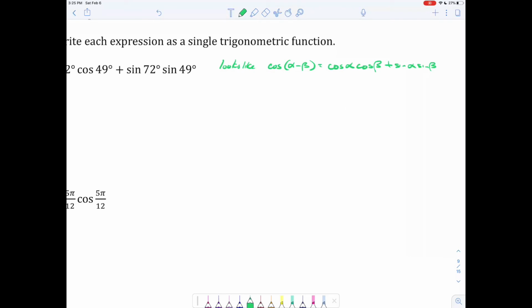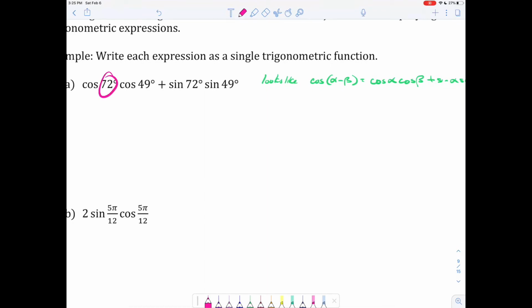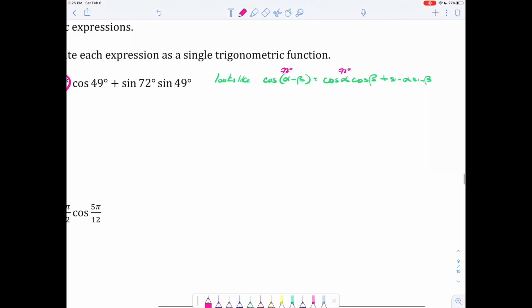And reference your formula sheet as much as you want for this. Like, spot which one this looks familiar to. Now it looks like this, but we are replacing some things. It would look like that, except we're dealing with 72 degrees instead of this alpha. So all these alphas would be 72 degrees. And it's got these 49 degrees instead of these betas.